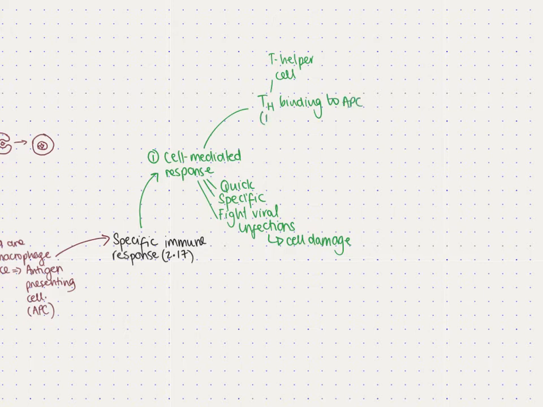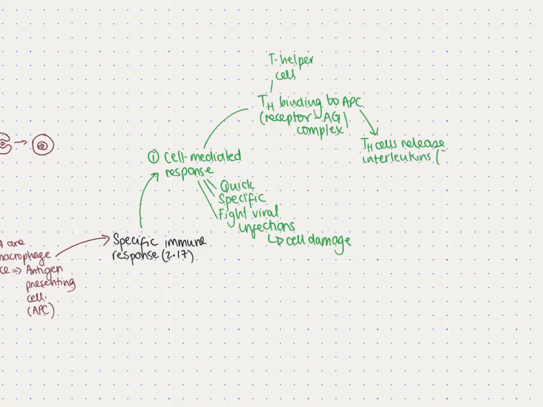Okay, so we're going to have a receptor antigen complex, and that triggers off a massive cascade of biological reactions that are going to help us respond to this pathogen. So the T helper cells release those chemicals that we spoke about in lesson 2.17, those interleukins.